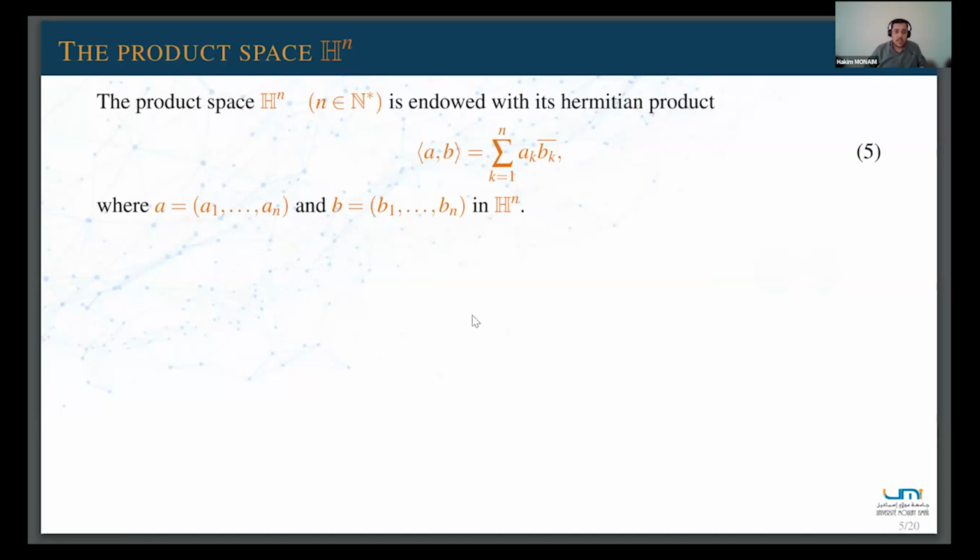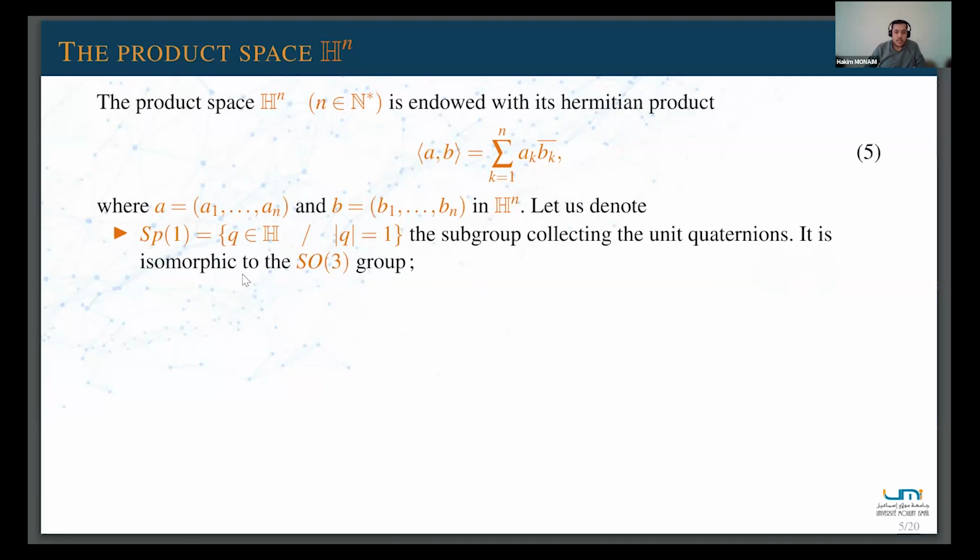Now we define the n copies of H, H^n, and this space comes with the Hermitian product (a,b) equal to the sum of a_k times b_k conjugate, where a_1 to a_n and b_1 to b_n are in H^n.